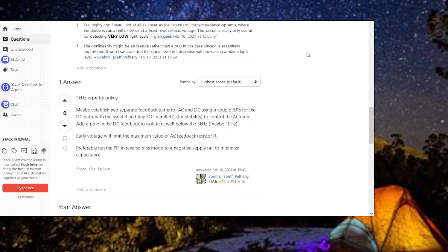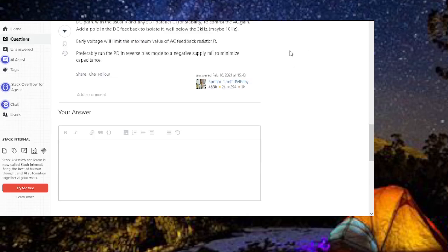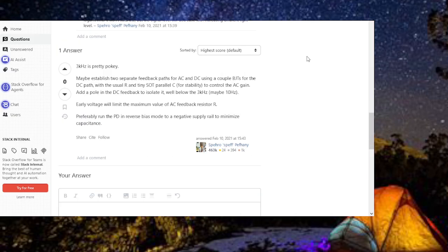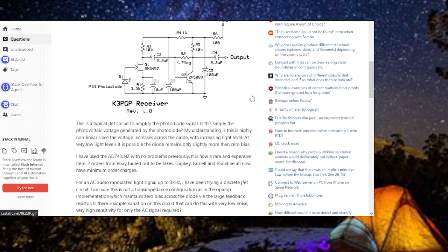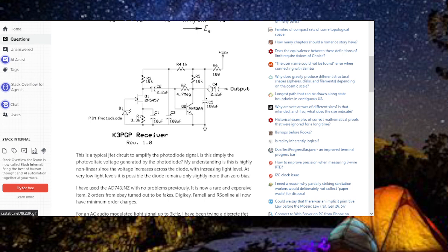Preferably run the photodiode in reverse bias mode to a negative supply rail to minimize capacitance. Well, maybe this guy knows what he's talking about? See, right here, the ground is on the anodes. It's running in forward bias mode. Did I save this?